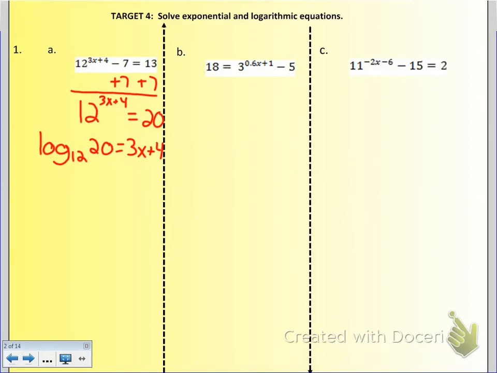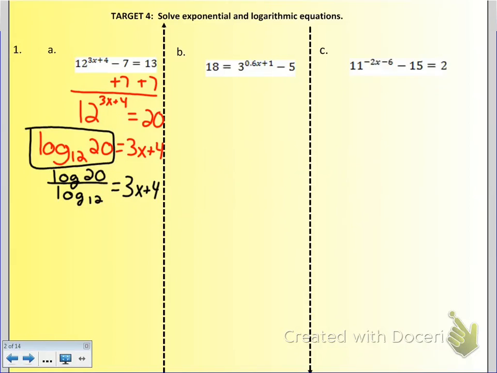So we're going to take this first part, the log base 12 of 20, and we're going to do the change of base theorem. So log of 20 divided by log of 12, and still set it equal to 3x plus 4.